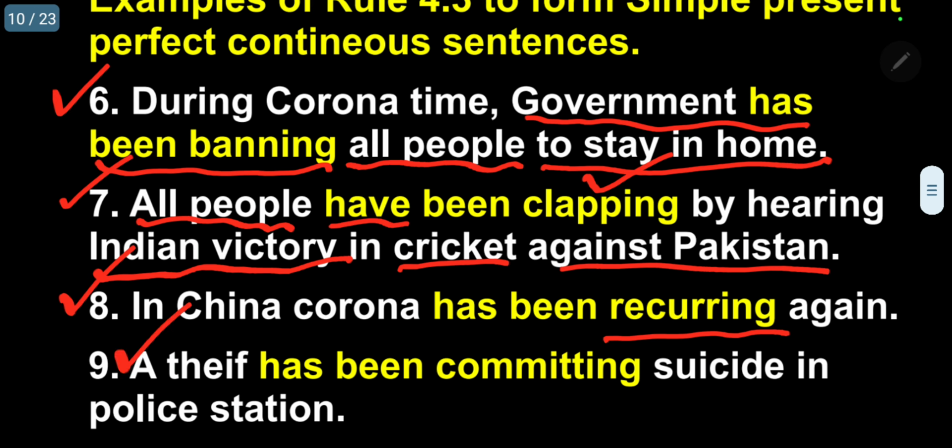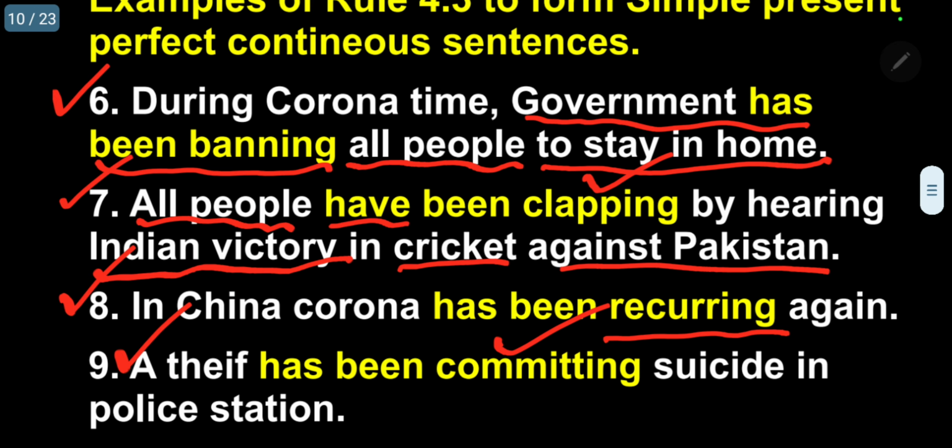A thief, singular, has been committing suicide in the police station. A thief has been committing suicide in the police station.